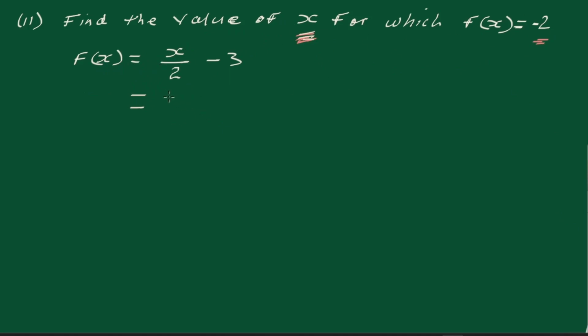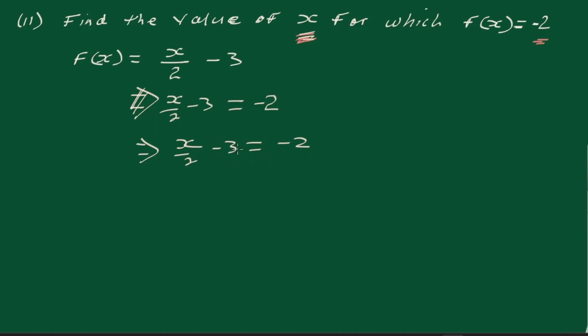So basically what they're telling us is that x over 2 minus 3 equals negative 2, and we are asked to solve for x. So we are asked to solve for x when the output of the function is negative 2. So basically what they're asking us is to solve an equation in which we have to find the value of x. So again, x over 2 minus 3 equals negative 2.